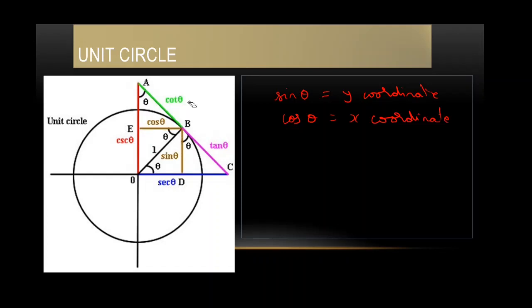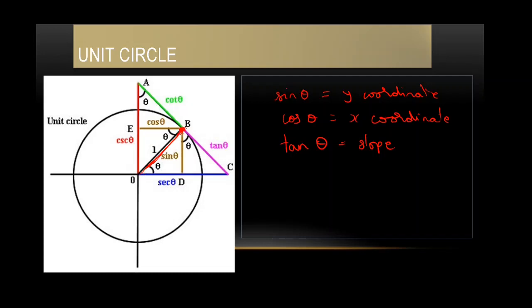So when you take this point, the tan theta is equal to sine by cos. Sine is the y coordinate of this point, and cos is the x coordinate of this point. So tan will be y by x, which is nothing but slope. So tan theta is the slope of this point with respect to the center point.